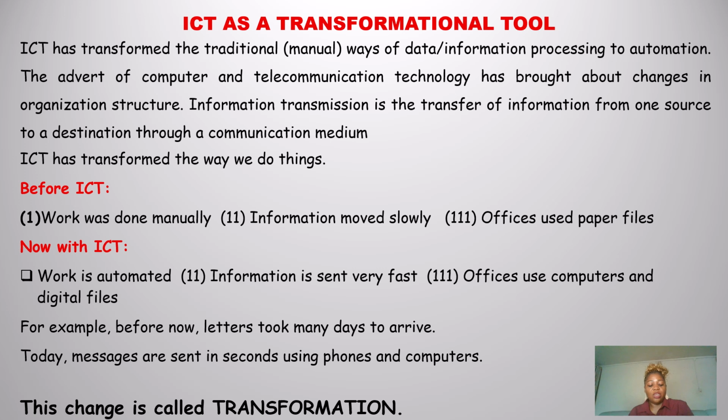Offices use computers and digital files to make our work faster and easier. For example, before now, letters took many days to arrive at a particular destination, but now messages are sent in a second using phones and computers. All these changes are called transformation.